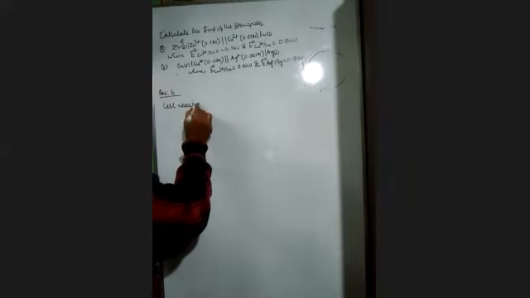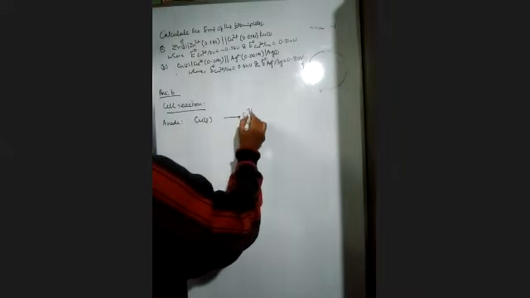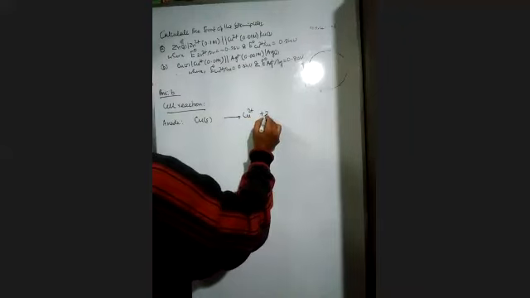Cell. So anode: it is Cu(s). It will give you Cu2+ and 2 electrons.